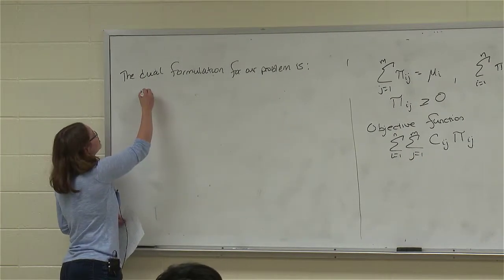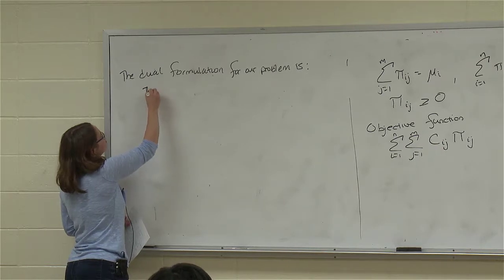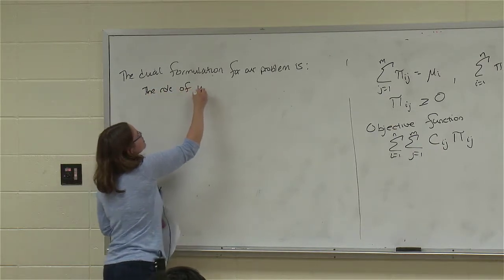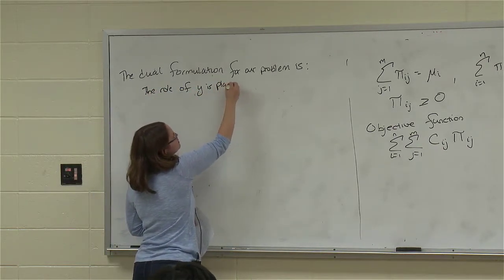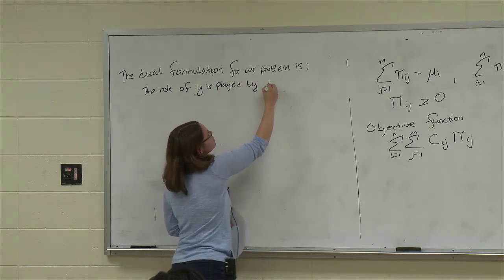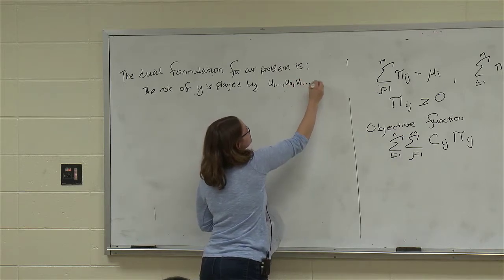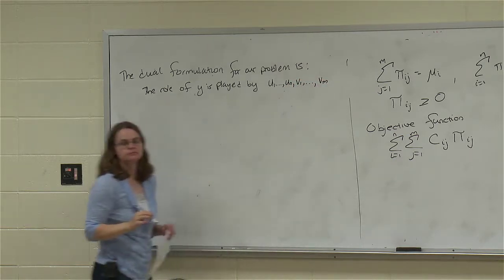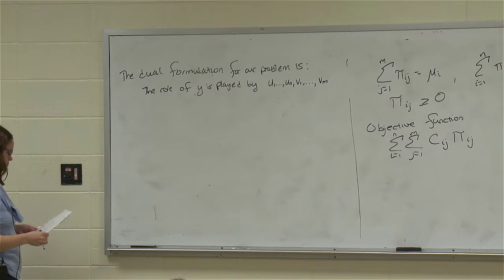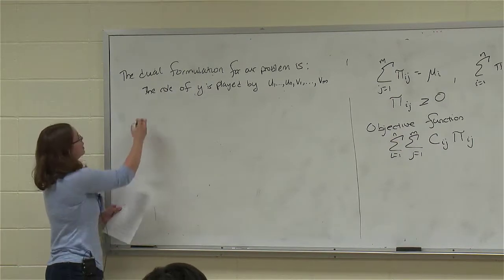Okay, so here, the role of y is going to be played by u1 to un and v1 to vm. Now, what do we want to do?